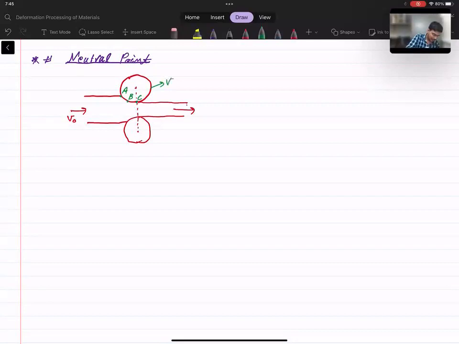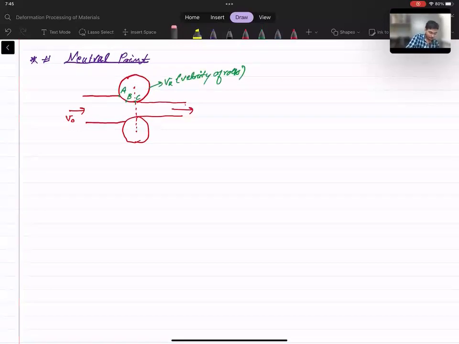This is nothing but the velocity of rolls. And also let us say the velocity of the product which is coming out is V2.